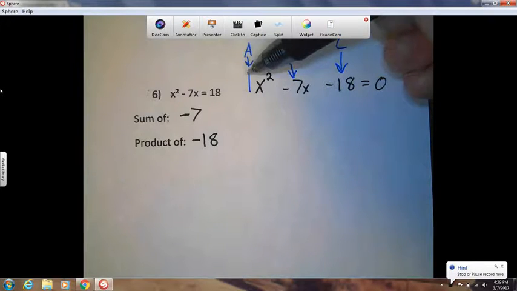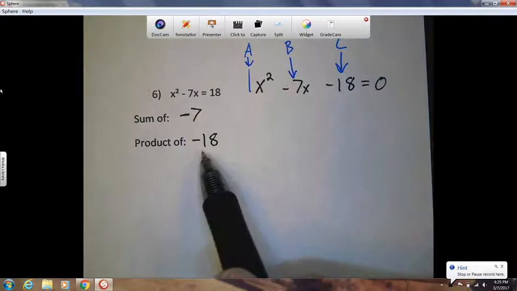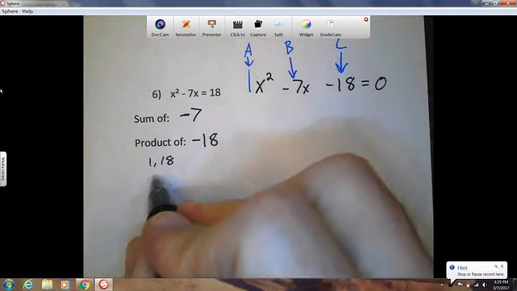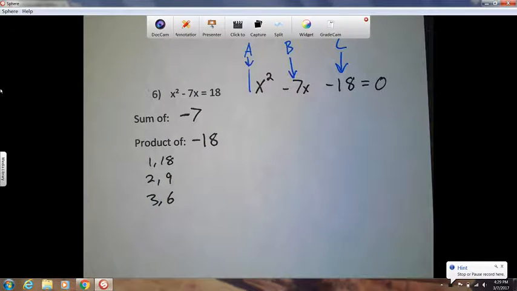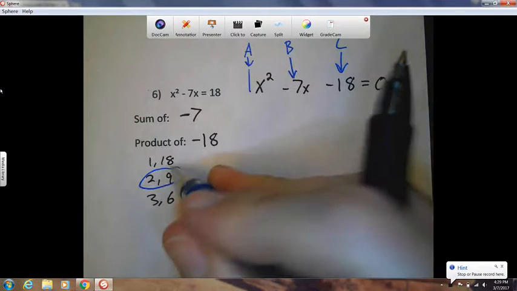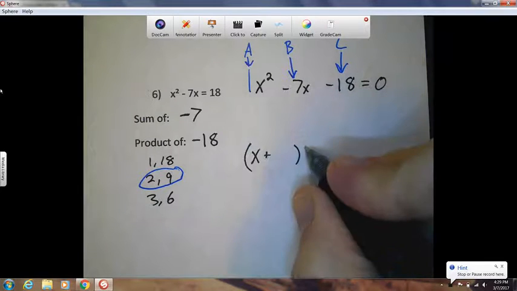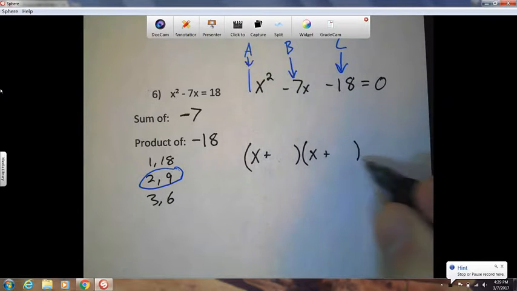I'm thinking, what multiplies to equal 18? 1 and 18, 2 and 9, 3 and 6. These are the numbers I'm going to need. I just have to think one of them may have to be negative, because I need to multiply to equal a negative 18. So that means one of them needs to be negative. I'm going to go ahead and put a negative sign right here.